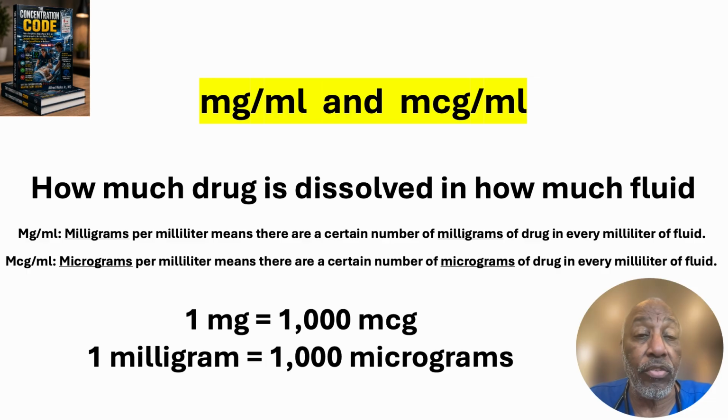Micrograms per milliliter works the same way. It's just a smaller unit. 1 milligram is equal to 1,000 micrograms. So if a bag has a concentration of 16 micrograms per milliliter, every milliliter contains 16 micrograms of drug. That might sound like a tiny amount, and for many emergency drugs it is, which is exactly why we use micrograms.